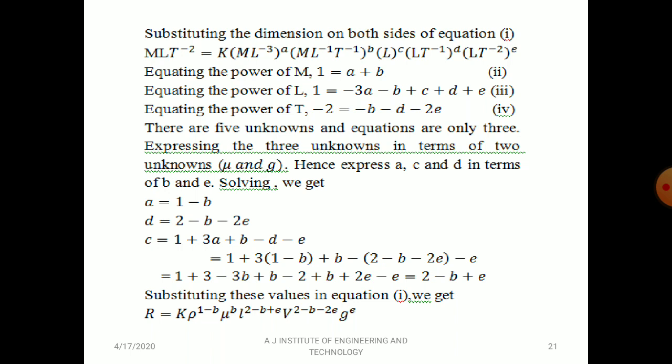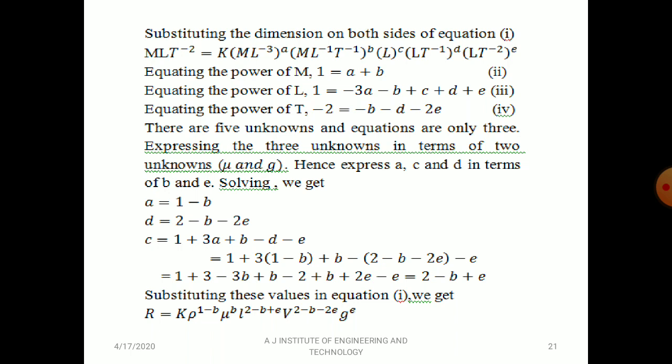So first let's go for equating the power of M. On the left hand side we have M to the power 1, on the right hand side we have M to the power a and M to the power b. So 1 equal to a plus b, take it as expression 2. Then equating the power of L. On the left hand side we have L to the power 1, on the right hand side L to the power minus 3a, L to the power minus b, L to the power c, L to the power d and L to the power e.